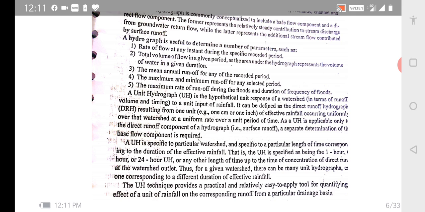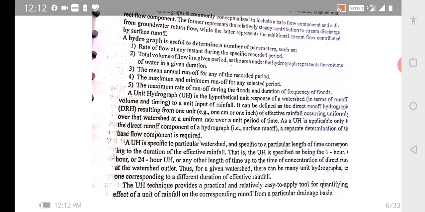That is, a unit hydrograph is specified as being a 1 hour, 6 hour, 24 hour unit hydrograph or any other length of time up to the time of concentration of direct runoff at the watershed outlet. Thus, for a given watershed there can be many unit hydrographs, each one corresponding to a different duration of the effective rainfall. So, based on the rainfall, you can have unit hydrographs for 1 hour, 6 hours, whatever period you decide.